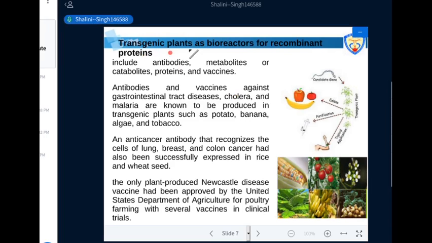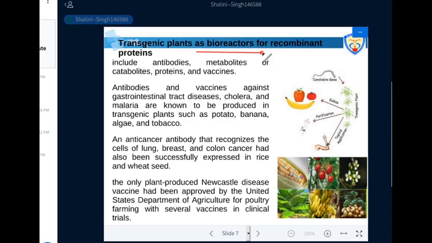The fourth application of transgenic plants is bioreactors. Bioreactors for recombinant proteins, including antibodies, metabolites, catabolites, proteins, and vaccines. Antibodies and vaccines against gastrointestinal tract (GI) disease, cholera, and malaria are known to be produced in transgenic plants such as potato, banana, algae, and tobacco.